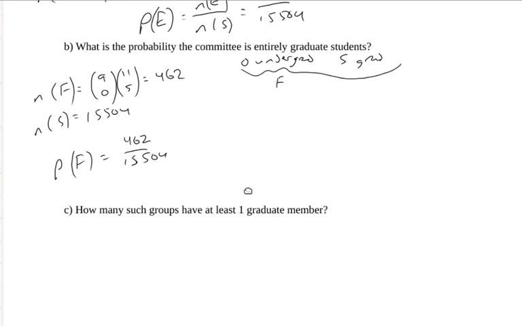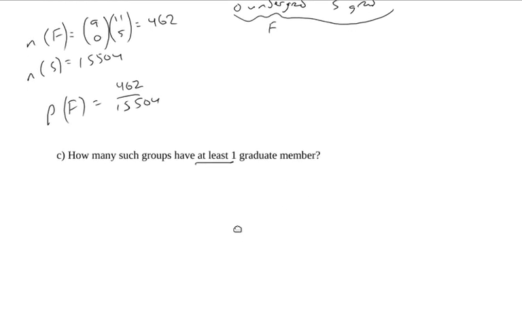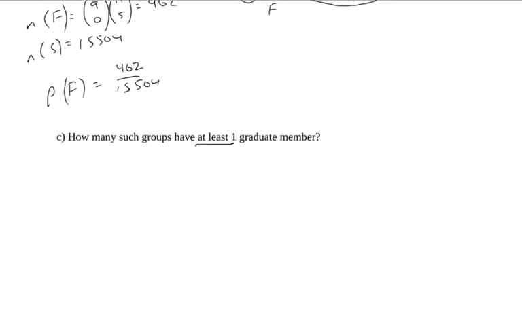How many such groups have at least 1 graduate member? So the fact that I'm saying at least 1 graduate member does make this problem a little bit more complicated, because now I need to think about, if I'm counting up the number of graduate students, we could have 0, 1, 2, 3, 4, or 5.